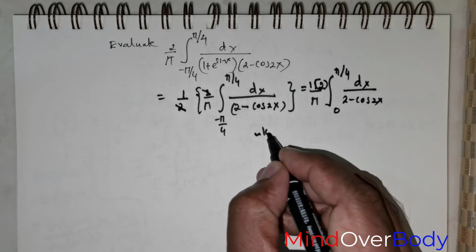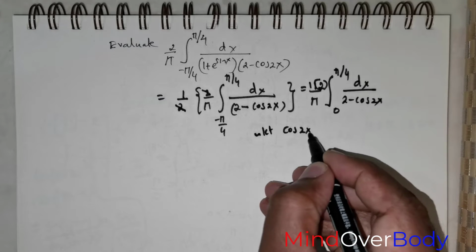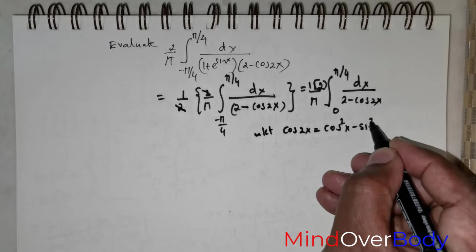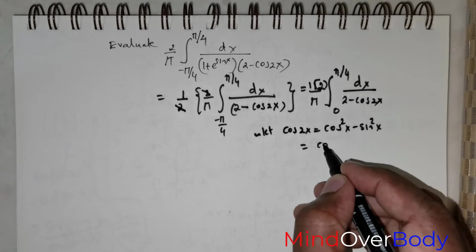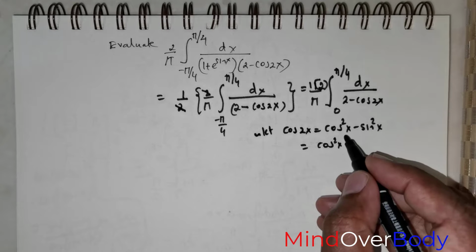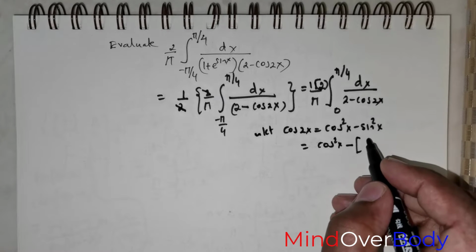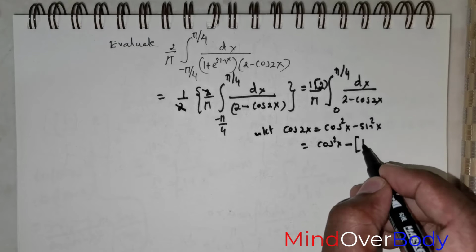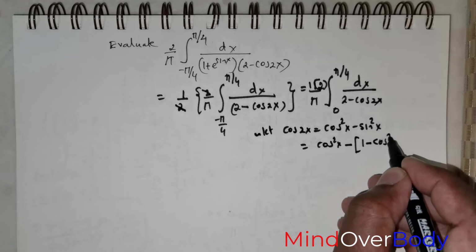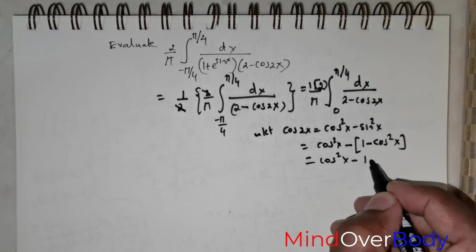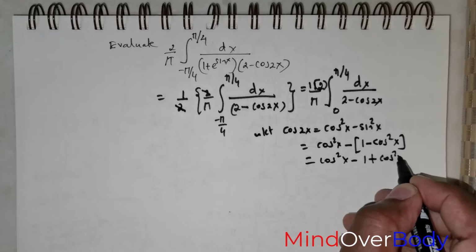Now we know a formula. Cos 2x is equal to cos squared x minus sin squared x. I'm going to retain cos squared x as it is, but I will rewrite sin squared x as 1 minus cos squared x. So this is equal to cos squared x minus 1 plus cos squared x.